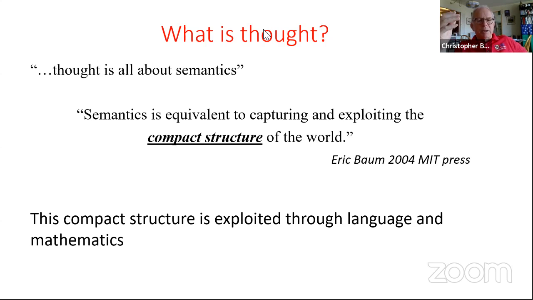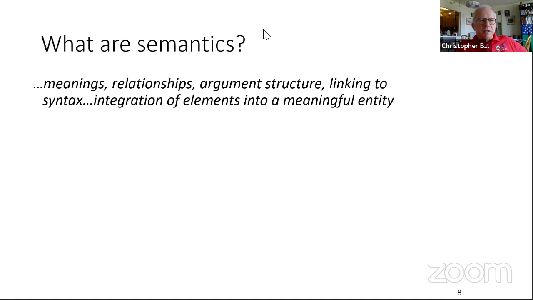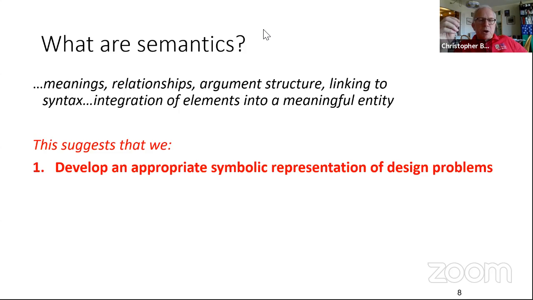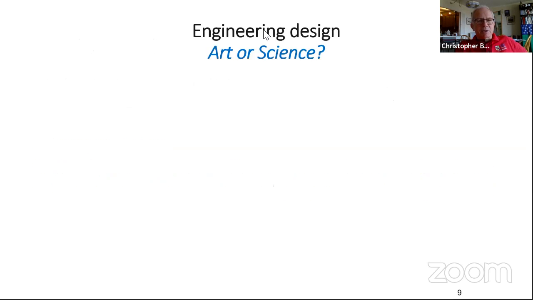Because we exploit this compact structure through language and mathematics and symbols and their logical manipulation to solve problems. Can we do this in engineering design? So there's meanings, relationships, argument structure. So for design, can we develop an appropriate symbolic representation of our design problems, manipulate the symbols logically to achieve the best design solution?